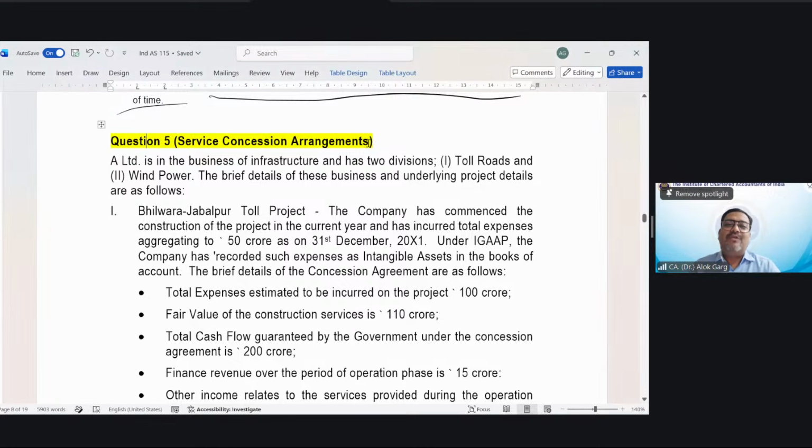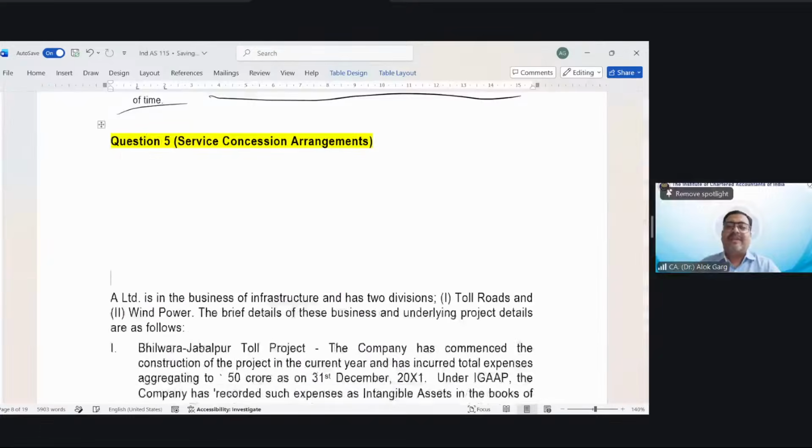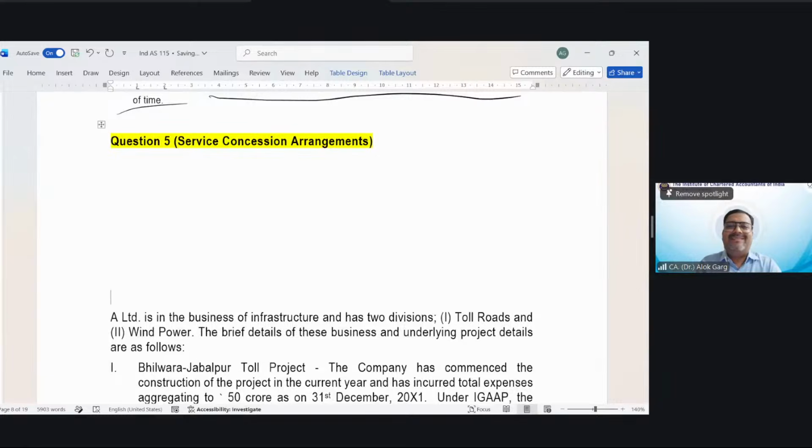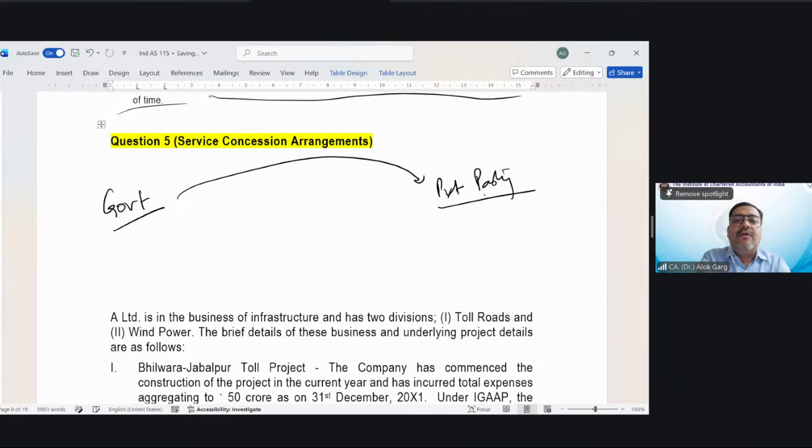Whether that highway belongs to the private party, बताइए, बताइए। ये गवर्नमेंट है, right? Government has given a contract to the private entity, private party, for development of road, right? In return, this private party will collect toll.